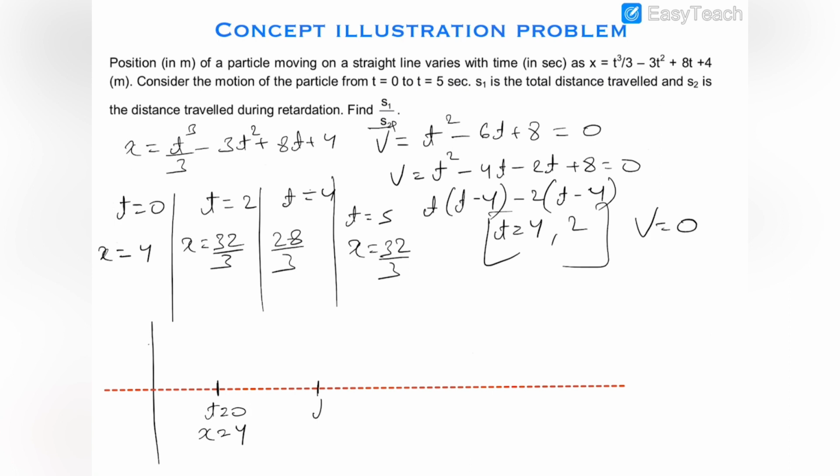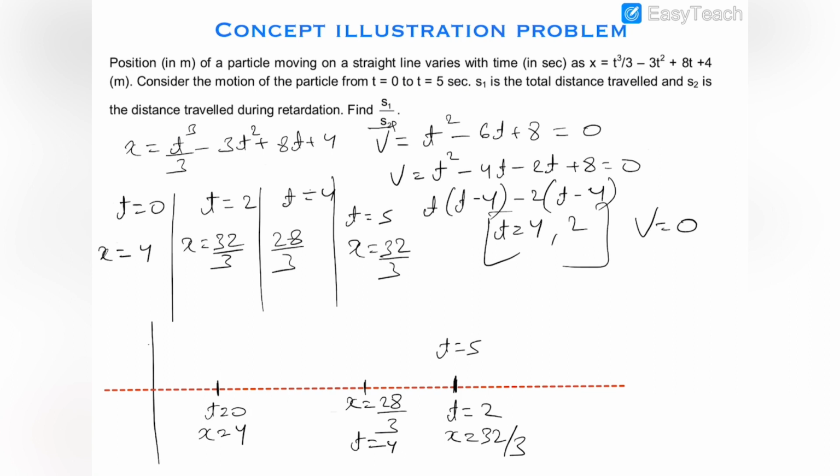At t is equal to 4 seconds, let us mark it far away, x is 28 by 3. And at t is equal to 5 seconds, x is again 32 by 3.